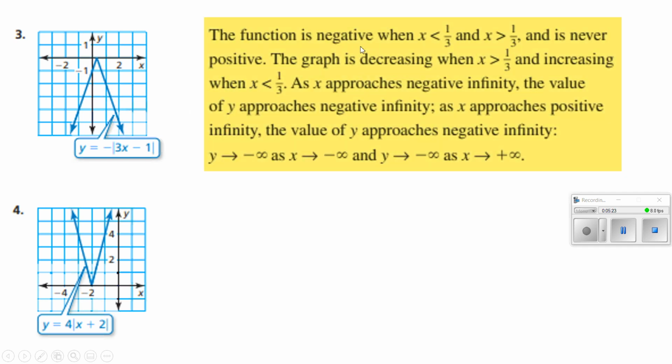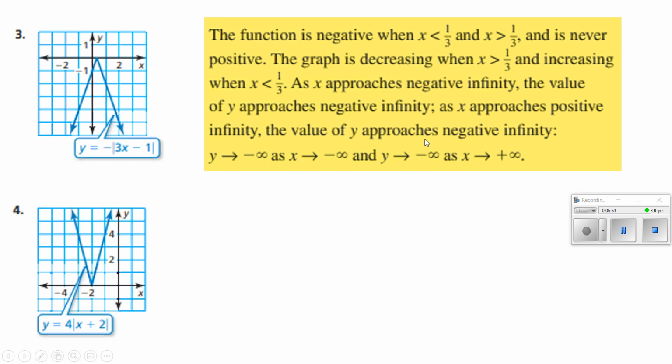So the function is negative when x is less than 1/3 or greater than 1/3. It is never positive because it's never going to be up in the positive numbers of y. When x is greater than 1/3, it's decreasing. It's increasing when x is less than 1/3.